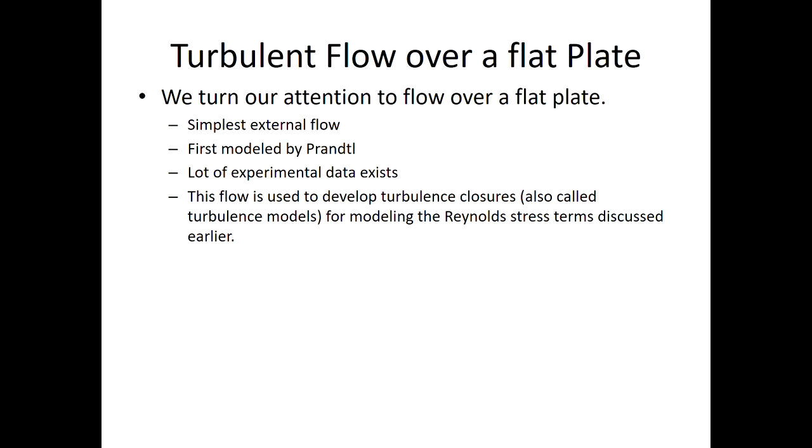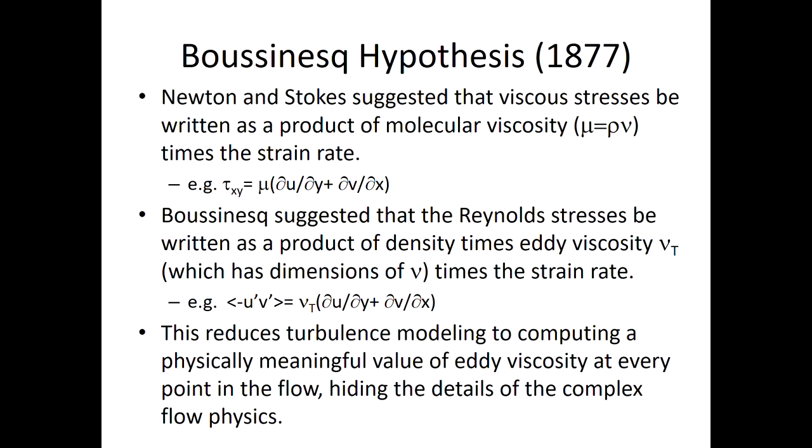As I mentioned to you, Boussinesq came along in 1877, before Prandtl started looking at turbulent flows, and probably contemporary to Reynolds, who was looking at turbulent flow in a pipe.